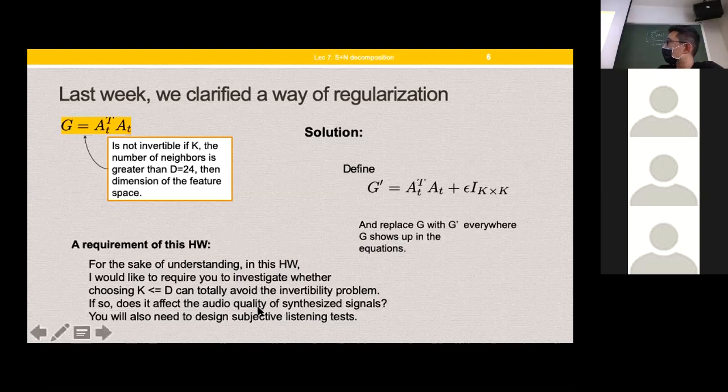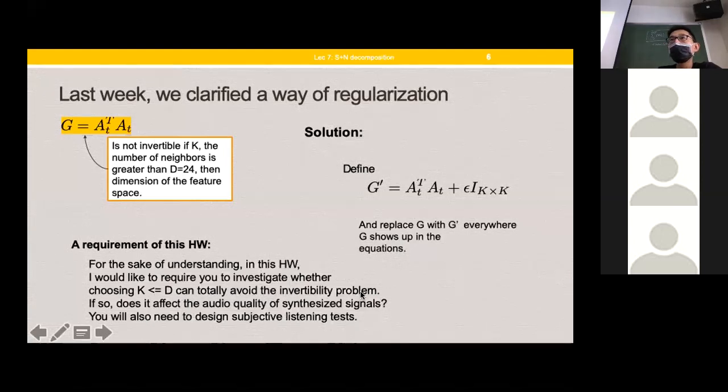So the conclusion is that if we choose K to be not higher than D, then most likely the matrix becomes invertible. This is a classical least mean square problem, and then I bet we can totally avoid the invertibility problem.